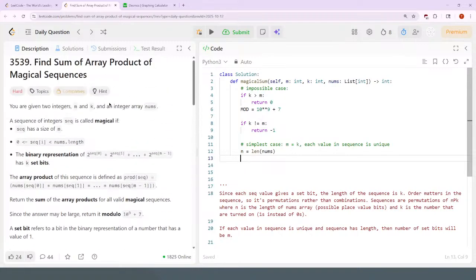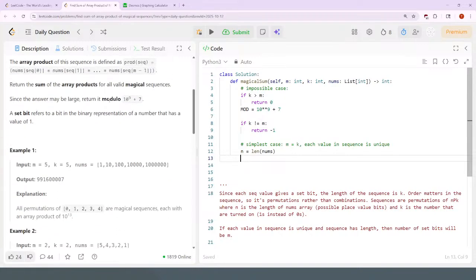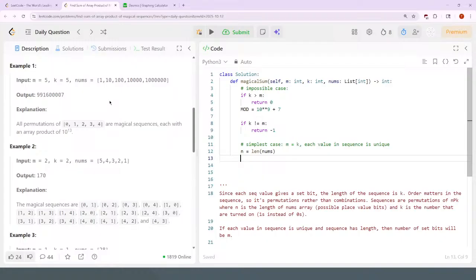Okay, so there's something I'm missing that's pretty big. All permutations of 0, 1, 2, 3, 4. 5 permute 5.